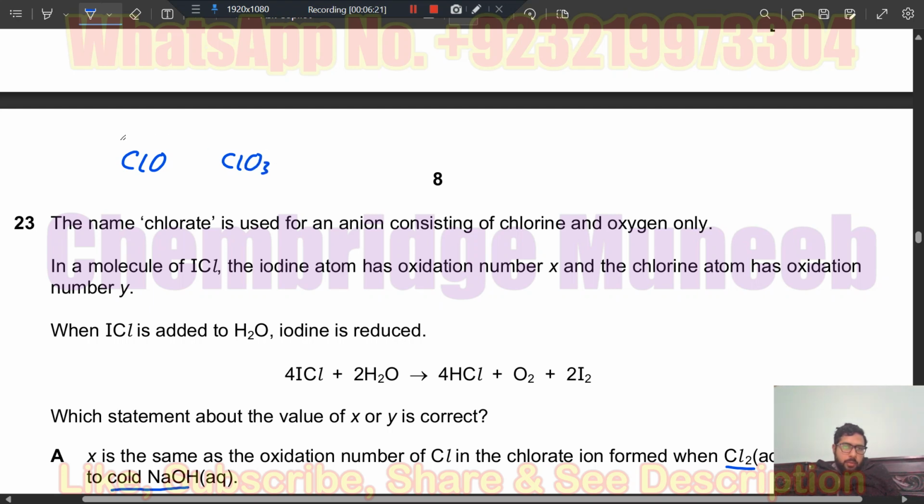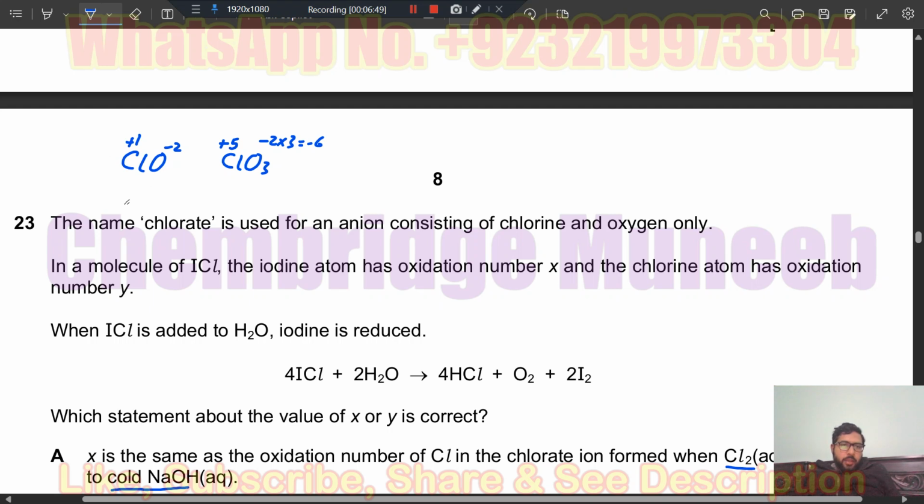Now here we have the oxidation numbers of chlorine. Chlorine is +1 over here, since oxygen is -2. The oxygen in ClO3 is -6, since -2 times 3 gives -6, whereas chlorine becomes +5 here.